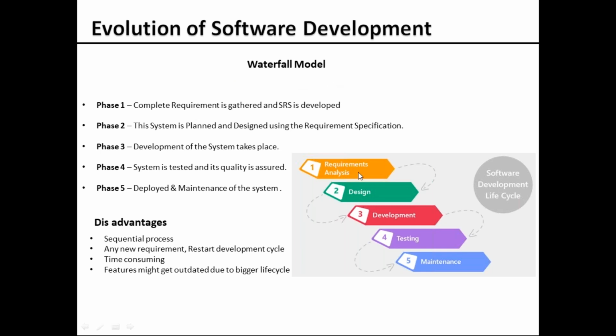It was a very good model during that time, but when compared to the current market trend and the progress it is making, maybe this model is not working out in the current situation. So this is the disadvantage you see: the sequential process. It has to follow the step-by-step process. Nobody can get involved in between to do their own job. They have to wait for the other phase to complete.